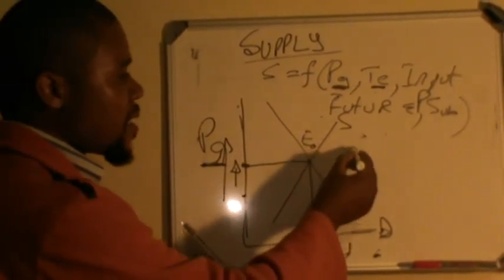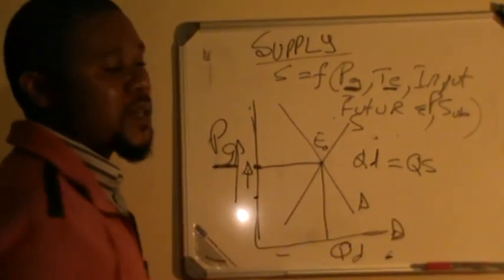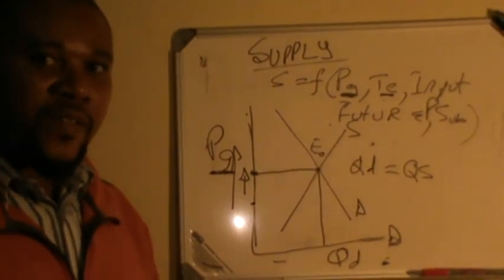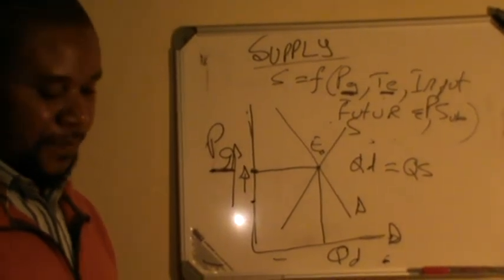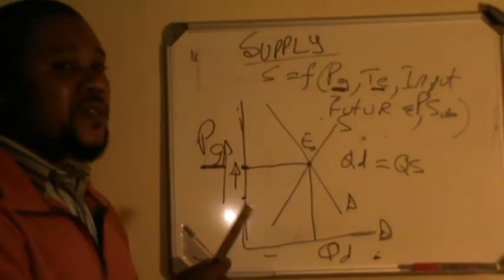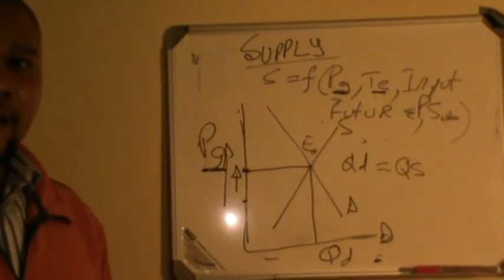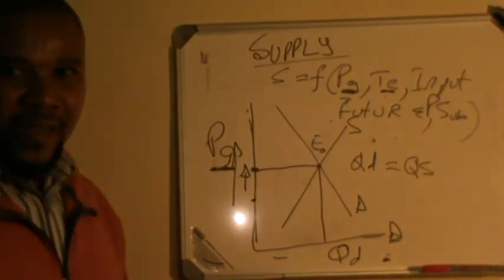So at equilibrium, the quantity demanded equals the quantity that is being supplied. There is no waste. So everything that is being produced is everything that is being consumed.